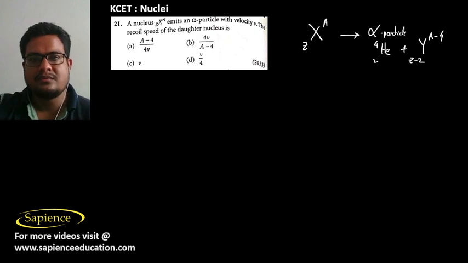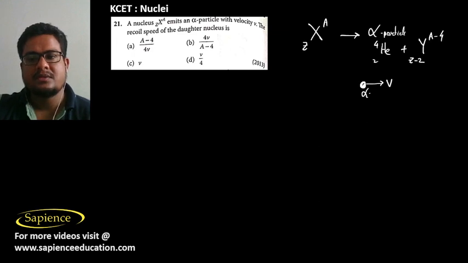The speed of the alpha particle is v. Then the recoil speed of this daughter nucleus, suppose its speed is v1. So here we can apply the conservation of linear momentum.